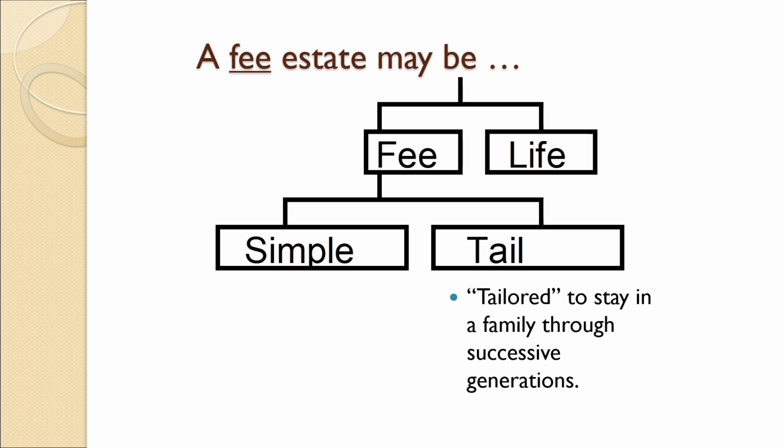Now, a fee tail is an estate that was designed to stay in somebody's family through successive generations. And no owner of the fee tail could convey it out of the family for more than one generation. In other words, when that person died, it would come back to their bodily heirs in the next generation.